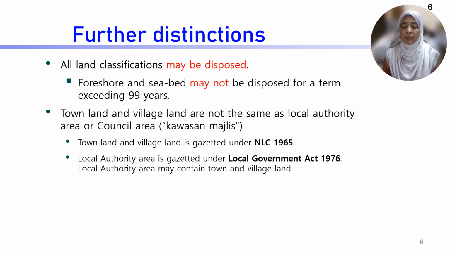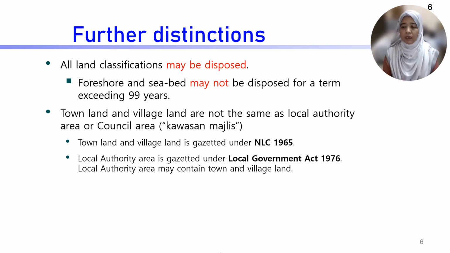Tanah bandar, tanah pekan, gazetted under Section 11 or Section 442, National Land Code. However, local authority area gazetted under Local Government Act. And it says that local authority area may contain town and village land. Tak semestinya semua tanah bandar, tanah pekan tu kawasan majlis.